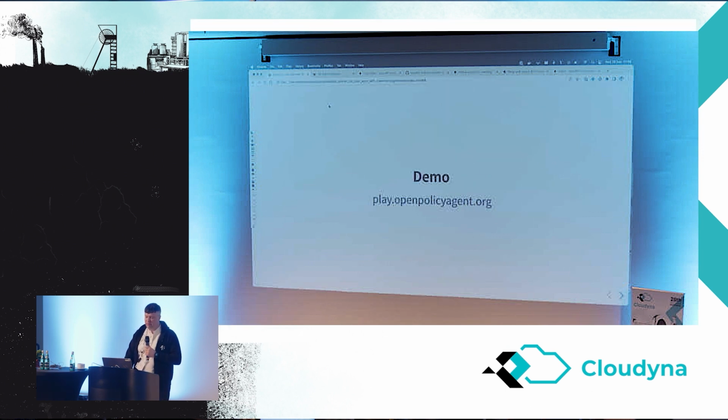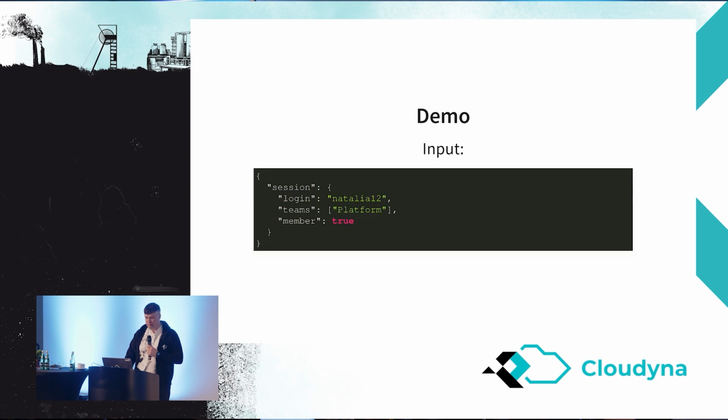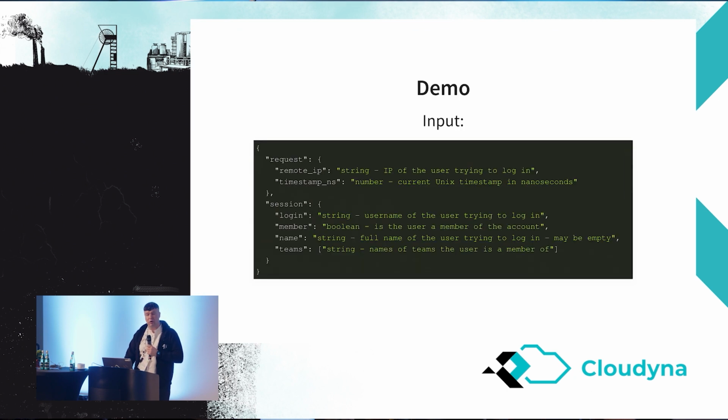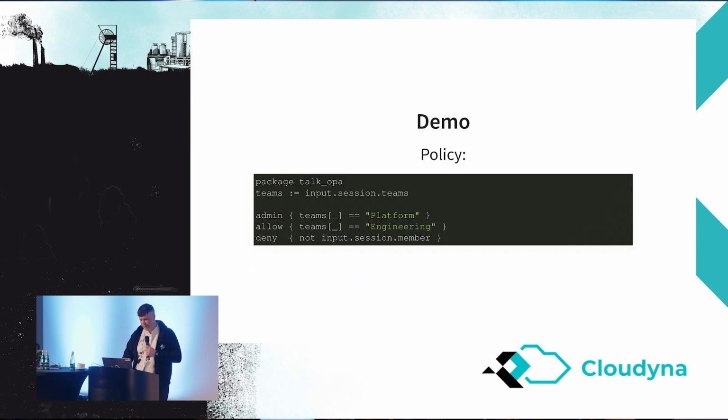Let's take a look at how we would define a policy. So here's our input. This input, of course, can be much more complex. This is a sample from our product, which we also enrich with remote IP and timestamp. And here's the policy. Let's see how it works.